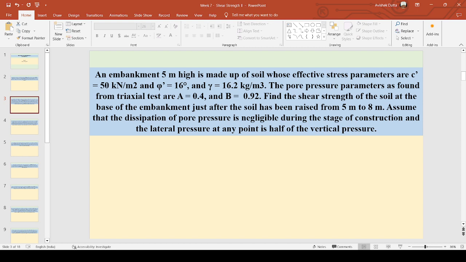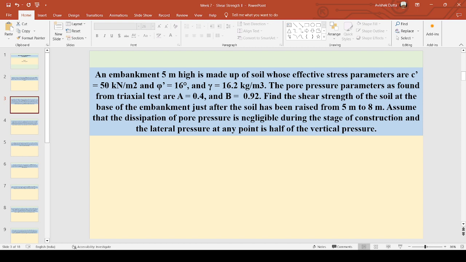I'll repeat the question once. An embankment 5 meter high is made up of soil whose effective stress parameters are c dash equal to 50 kilonewton per meter square and phi dash equal to 16 degree, and gamma, the unit weight, is 16.2 kilonewton per meter cube. The pore pressure parameters as found from triaxial test are A equal to 0.4 and B equal to 0.92.